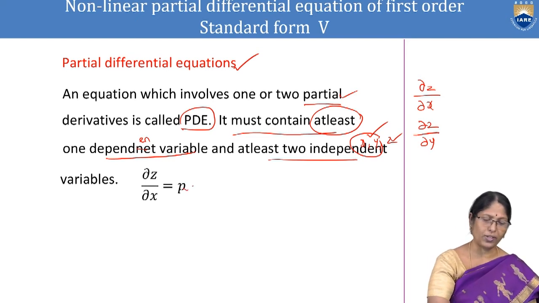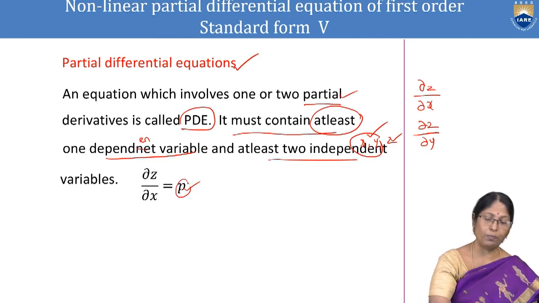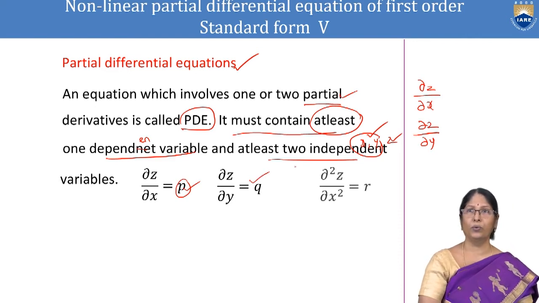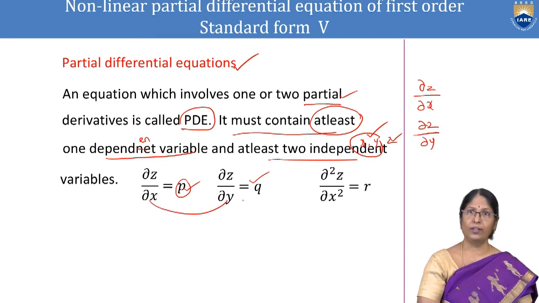The notations are: dou z by dou x is denoted by small p, and dou z by dou y is denoted by small q. These two are first order.